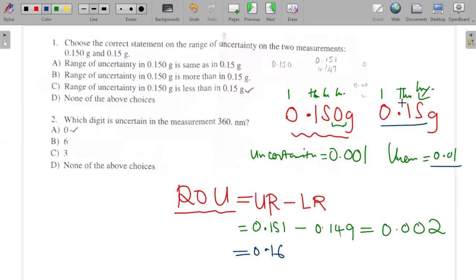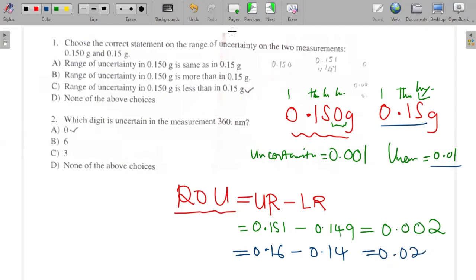If I add these two, I get 0.16. If I subtract 0.15 minus 0.01, I get 0.14. So the range of uncertainty will be 0.16 minus 0.14, which gives me 0.02.